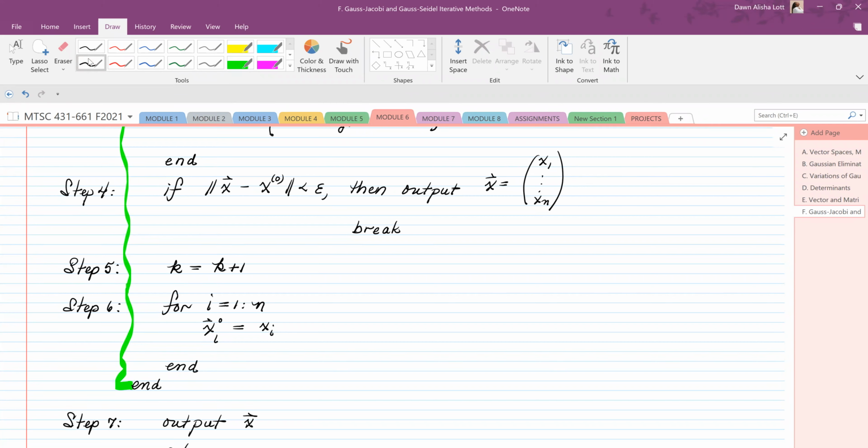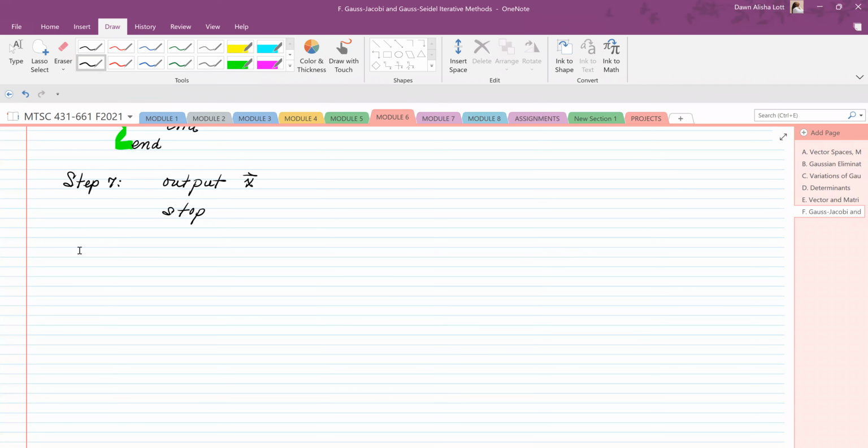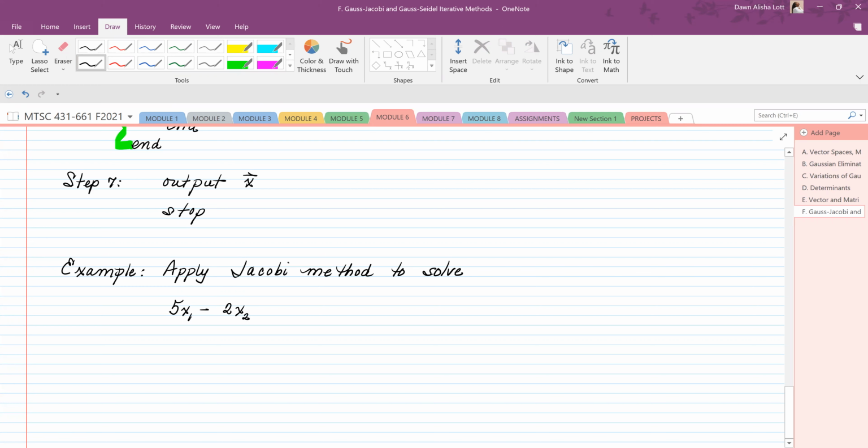Okay, all right. So what does that look like? We have an example. Apply the Jacobi method to solve the following: 5x1 minus 2x2 plus 3x3, which is xn, is equal to -1.